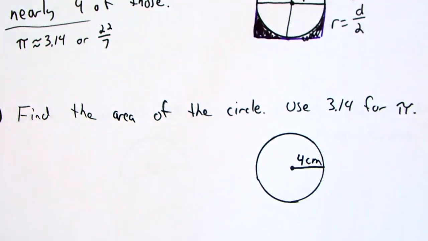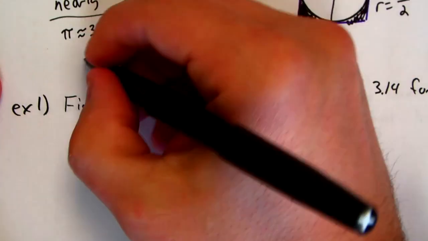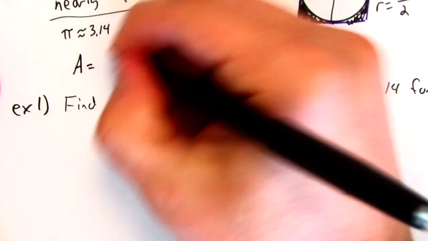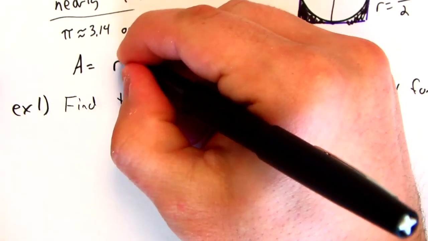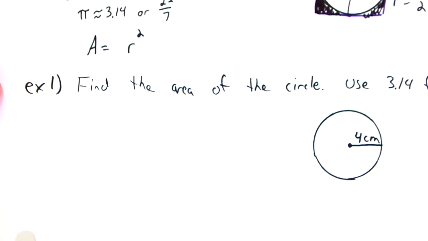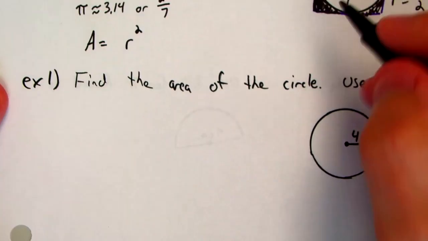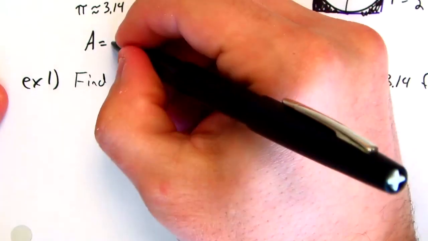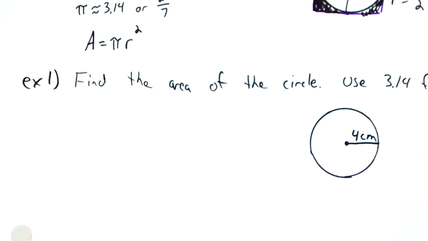And in fact, our formula, area is radius times itself, so that's r squared, and the number that we're going to look for in place of nearly 4 is actually going to be pi. Now again, pi can be either 3.14 or 22/7. Either one is going to be a great approximation.